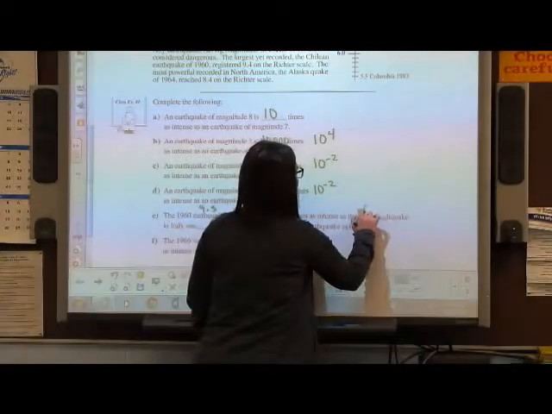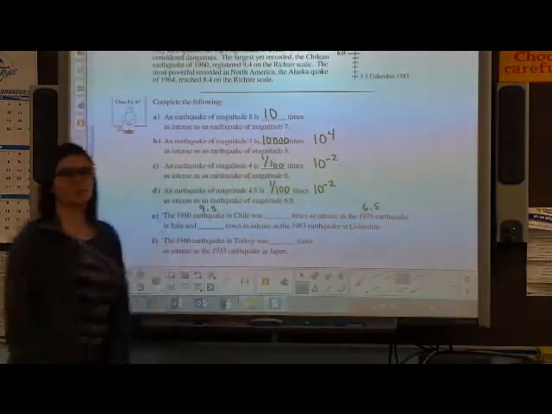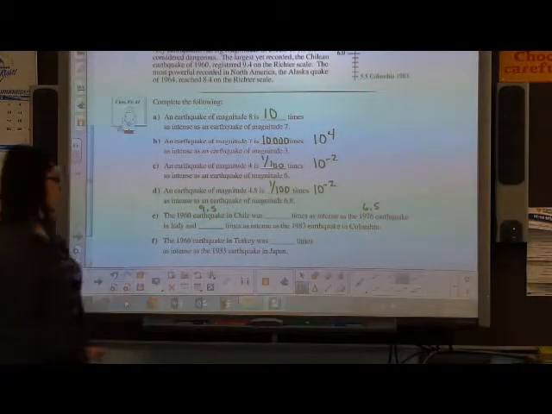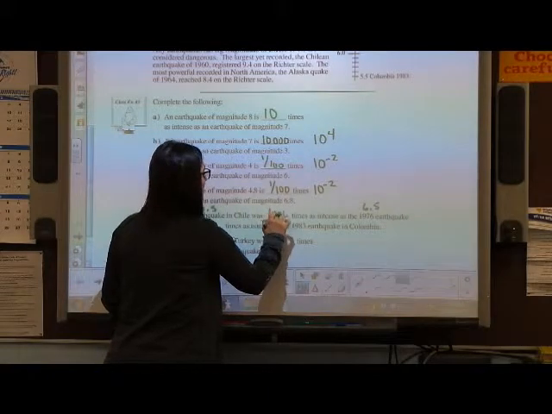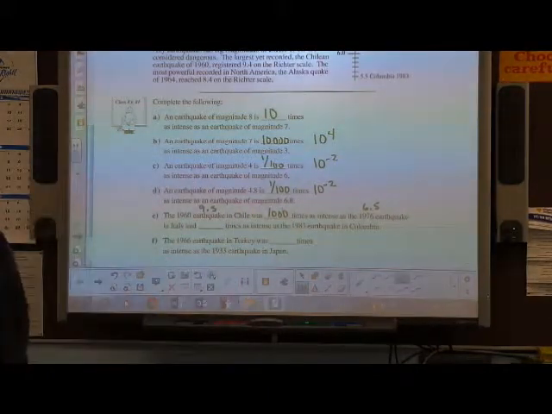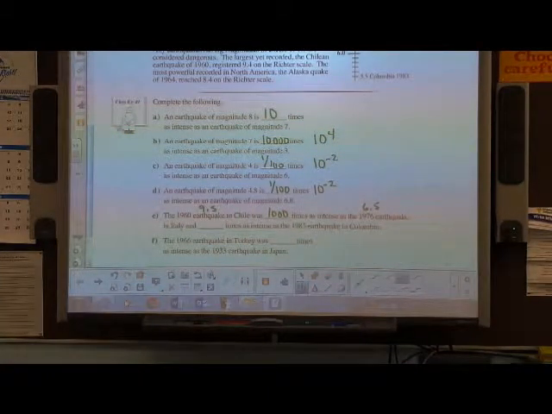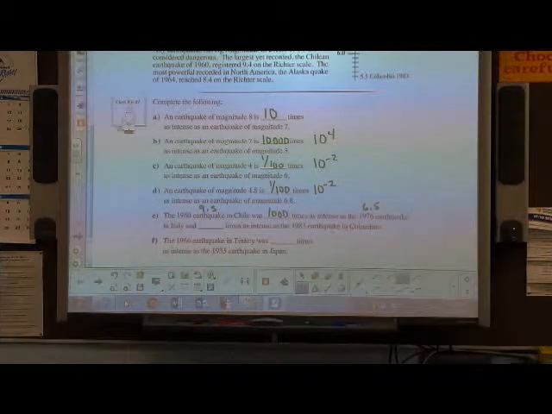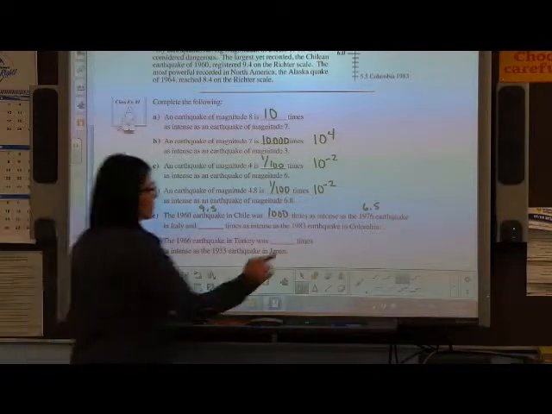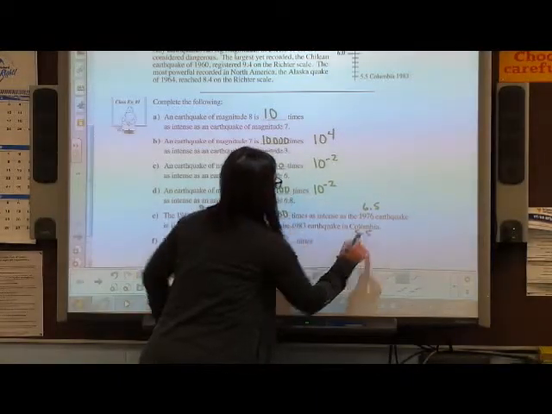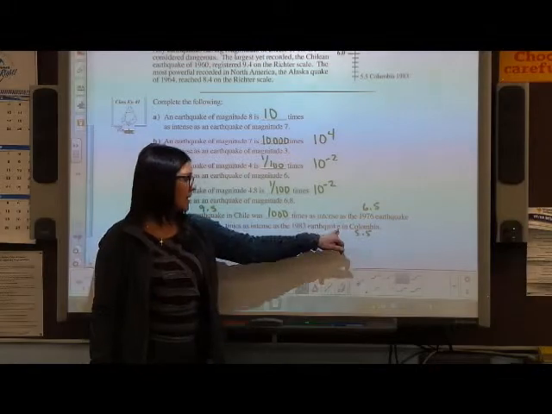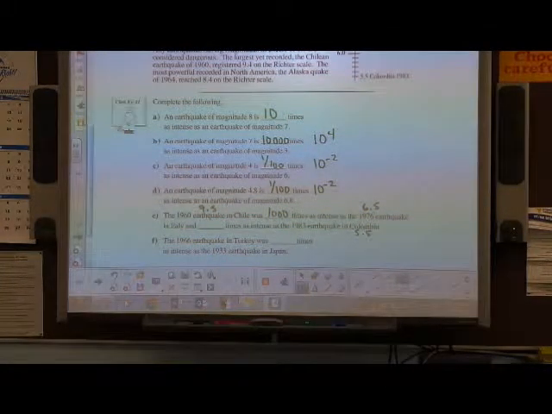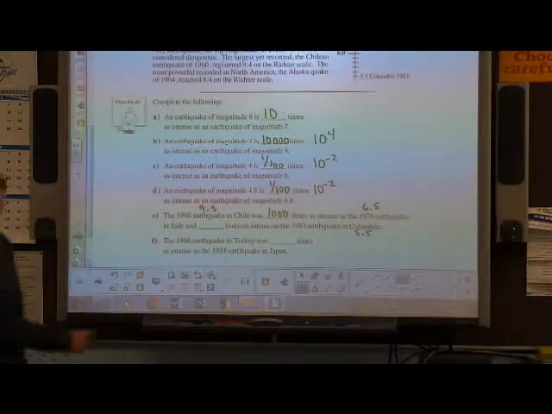So how many times as intense is that Chilean one? 1,000, because there are 3 levels. And how many times as intense is the 1983 one in Colombia? So what was the one in Colombia? 5.5. So this Chilean earthquake is how many times as intense as the Colombian one? 10,000, 10 to the power of 4.